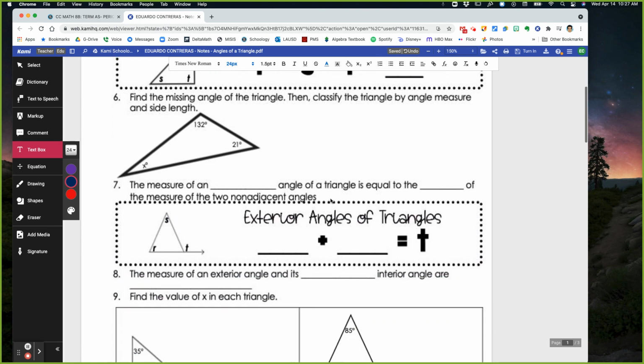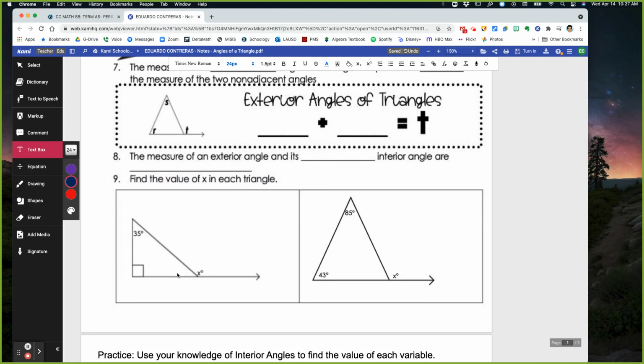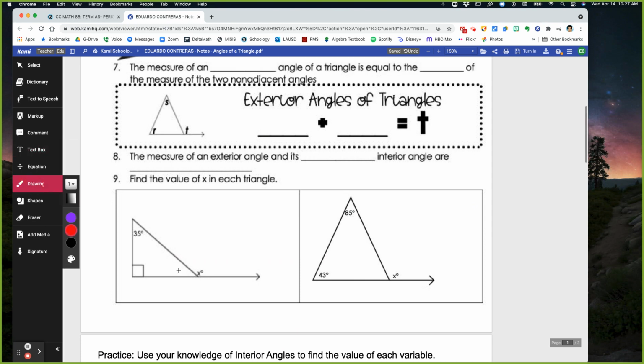So let me show you that here. Here I have an exterior and an interior angle. If I add up these two angles, the inside angle and the outside angle, they add up to 180 degrees. They form a straight line, so they have to add up to 180.